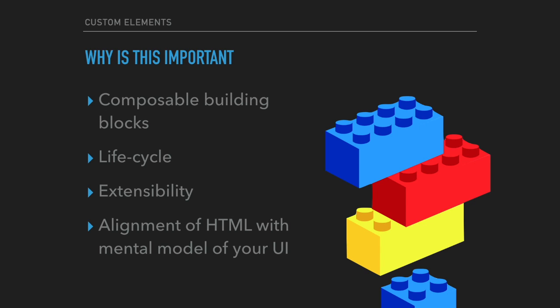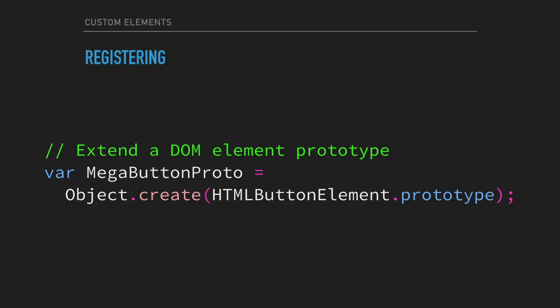So let's build a simple custom element just to illustrate how all of this fits together. The first thing you end up doing is creating a prototype for a new type of element. In this case, we're going to extend the base button element, and we're going to create something called a mega button.